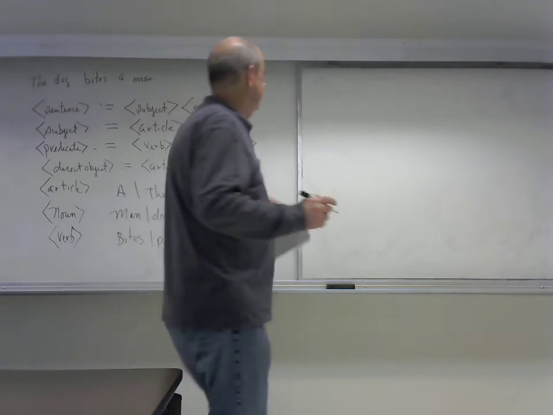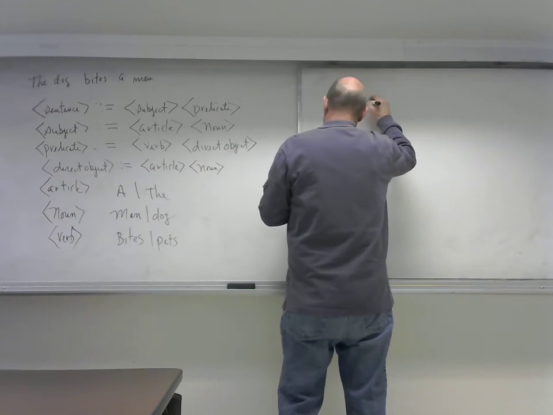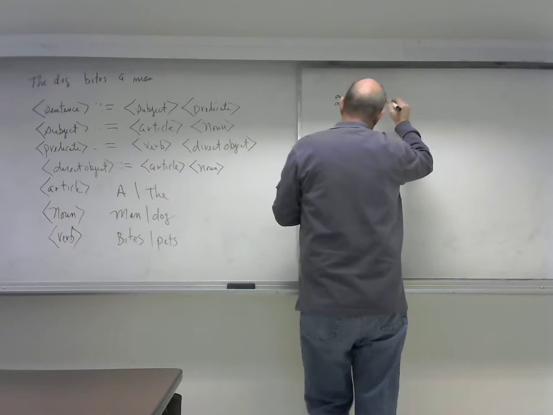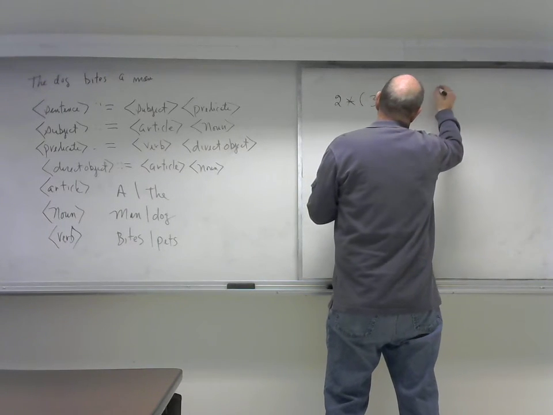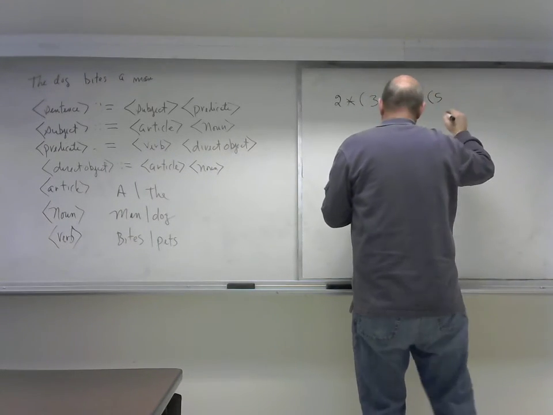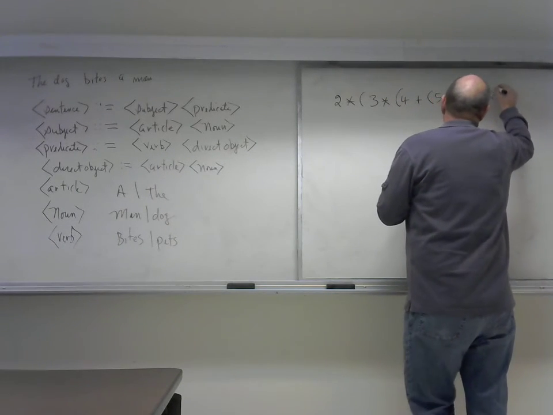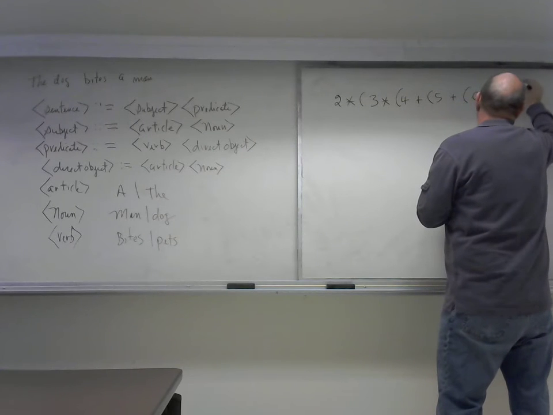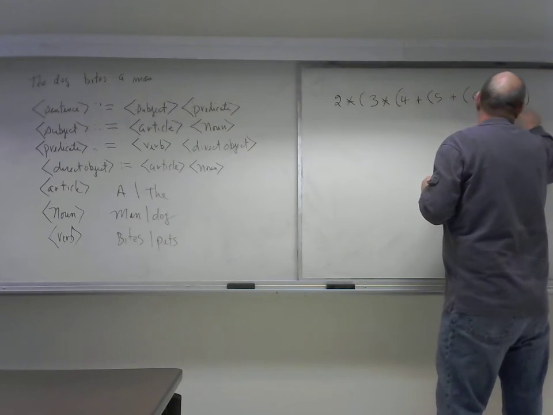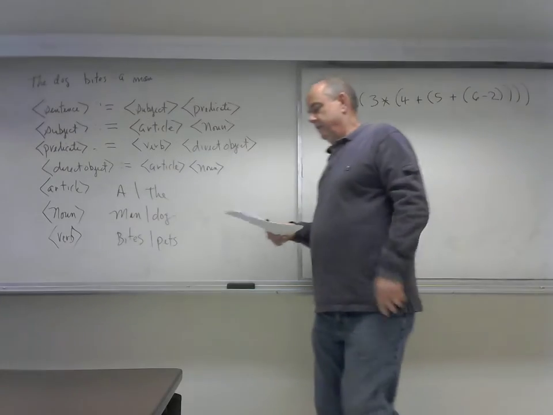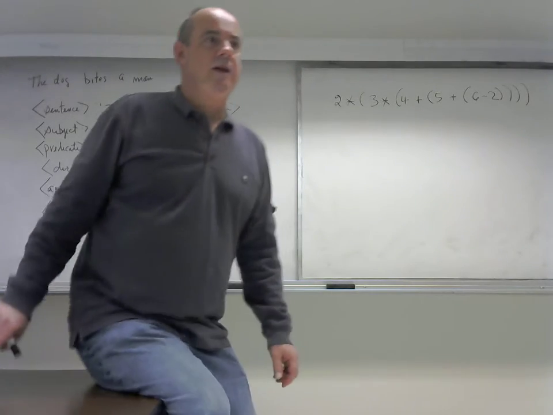So let's imagine that we have this: 2, 3, 4 plus 5 plus 6 minus 2, with matching parentheses. So how is the computer supposed to process this?